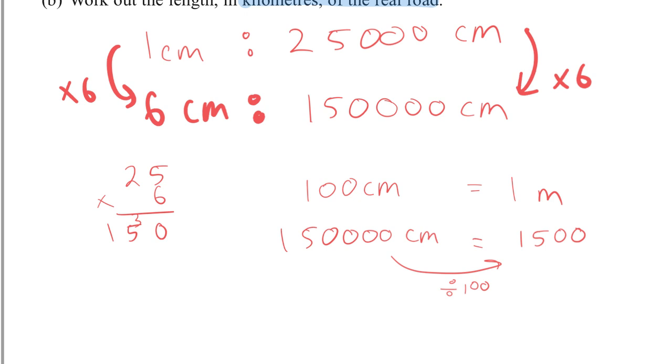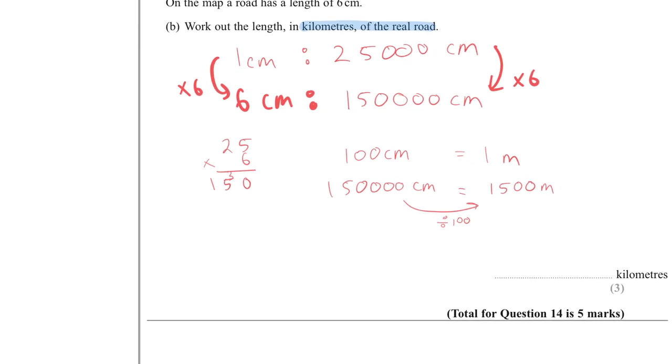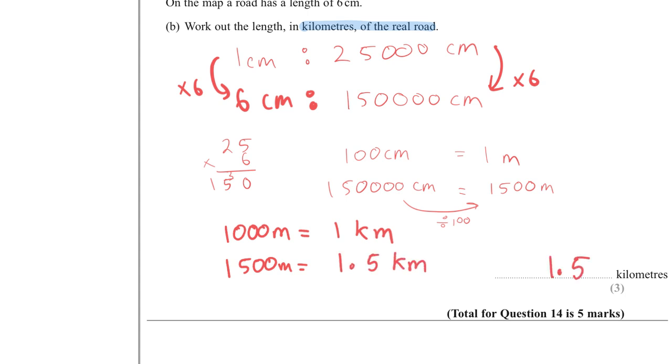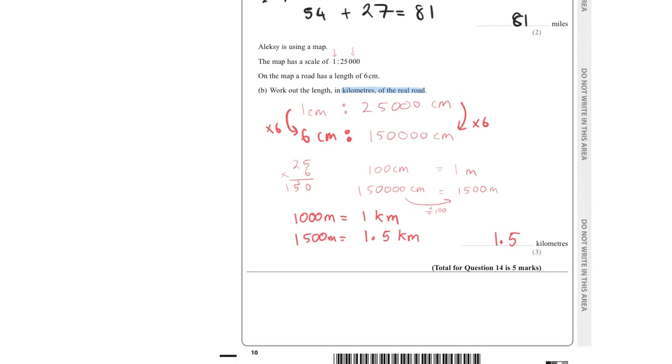So that's 1,500 metres. You also need to know that there are 1,000 metres in 1 kilometre. So 1,500 metres is going to be 1.5 kilometres. And that's your answer. 1.5. Okay, on to the next.